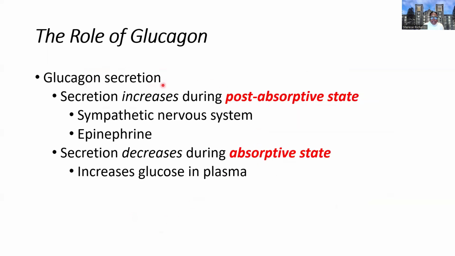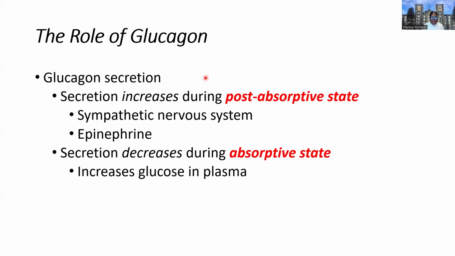Some of the triggers or stimuli for glucagon secretion would be the overall post-absorptive state, so just being in a fasted or prolonged state without food, which is triggering your fight or flight response. The fight or flight response, the cortisol response, goes hand in hand with glucagon and the fasted or post-absorptive state.